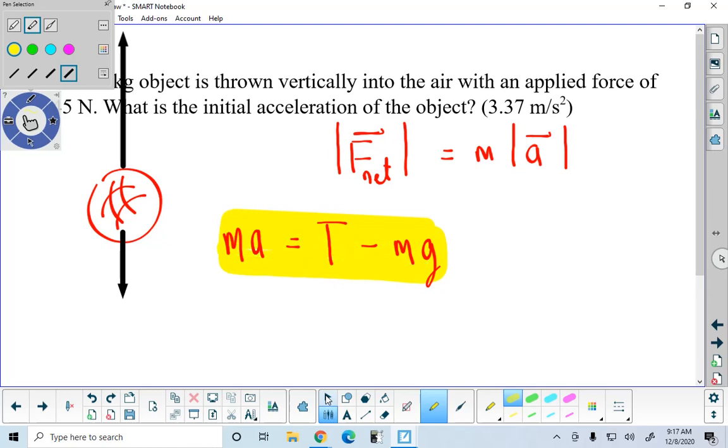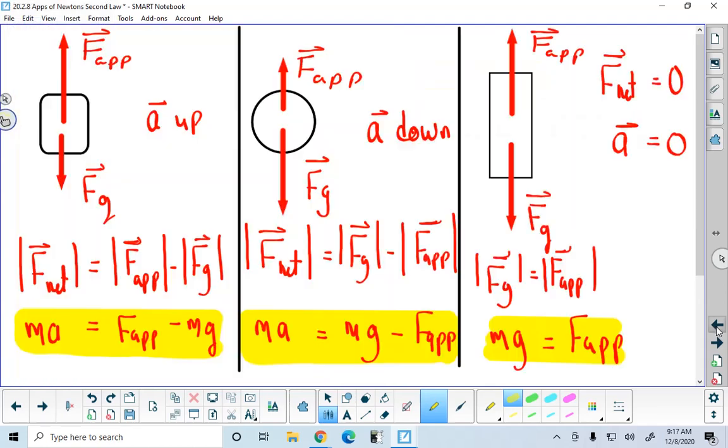What you should be writing on a written response question for question 1 is essentially everything to the left of that vertical highlight. You should have a free body diagram showing the forces. You should have a statement that the magnitude of the net force is the magnitude of the applied minus the magnitude of gravitational. Then you can go ahead and write ma equals F applied minus mg.